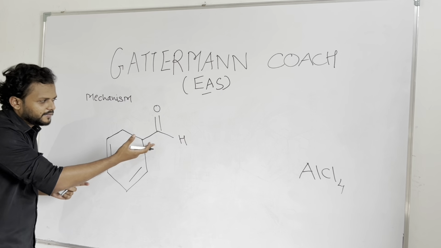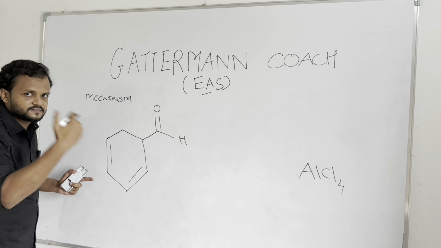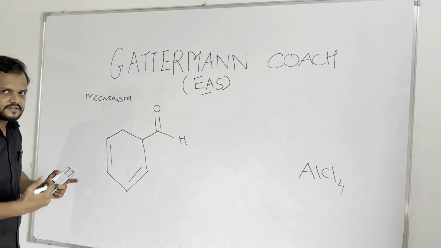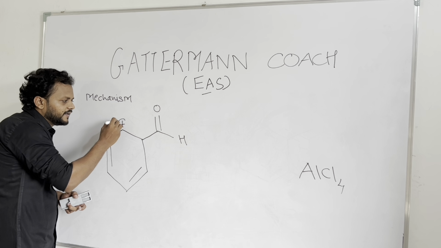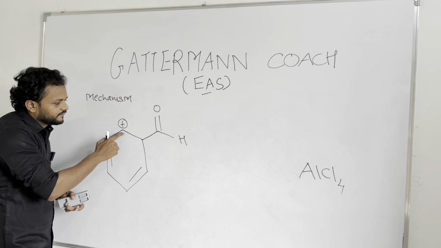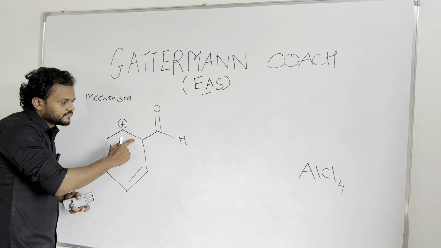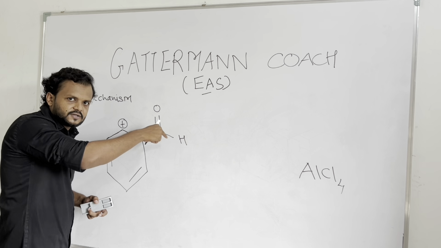Now check it. It is our aldehyde. This is our addition of that CHO, that addition step. But at the same time, the next neighbor carbon becomes a carbocation because of disturbed valency. That bond is now no more. It is now shifted outside to form a new bond with this CHO.